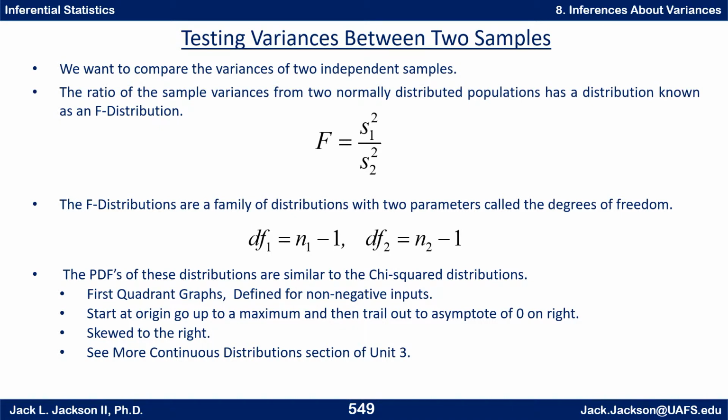The F distributions are a family of distributions, and they depend on both of the two sample sizes. We call these things the degrees of freedom. Degrees of freedom 1 is the sample size of the first sample minus 1, and degrees of freedom 2 is sample size 2 minus 1. Sometimes degrees of freedom 1 is called the degrees of freedom for the numerator, and what I'm calling degrees of freedom 2 is the degrees of freedom for the denominator.